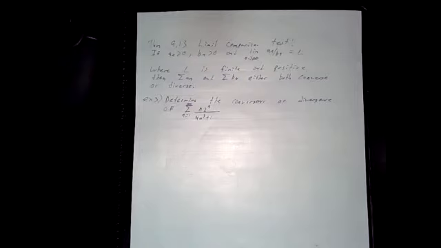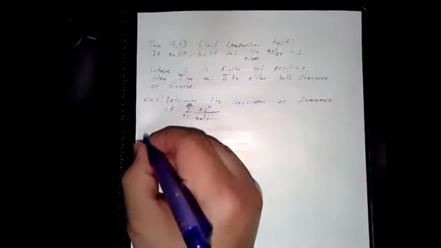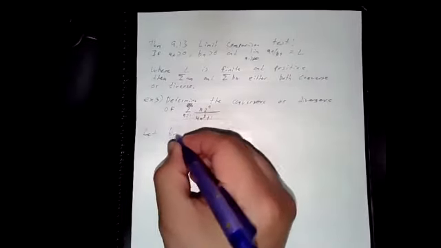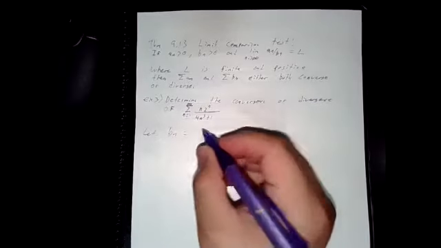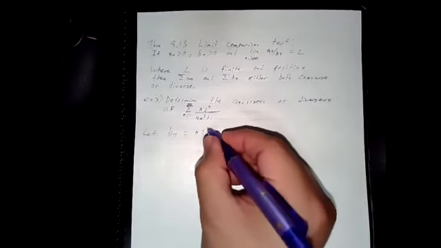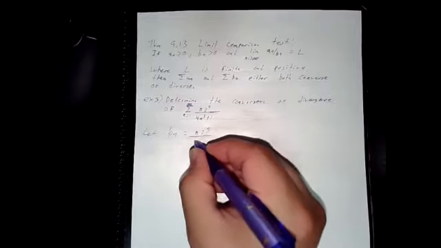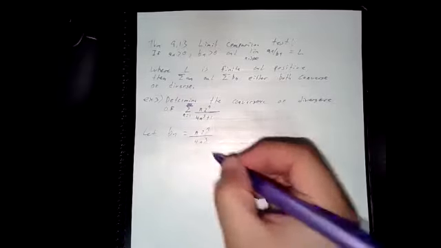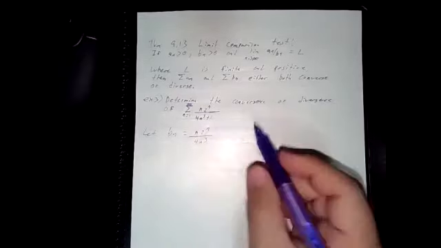Okay, so I'm going to compare it to, let's see here. Let's let Bn be the piece without the plus one. All right, so just ignore this piece.